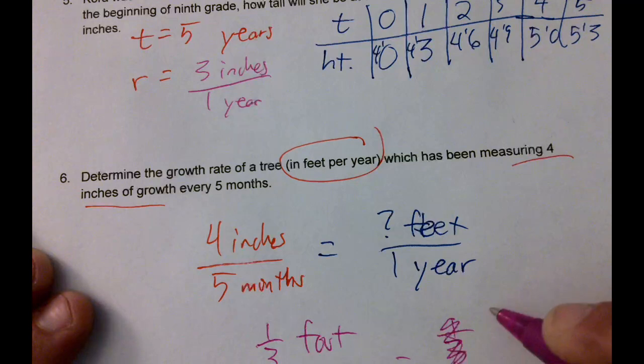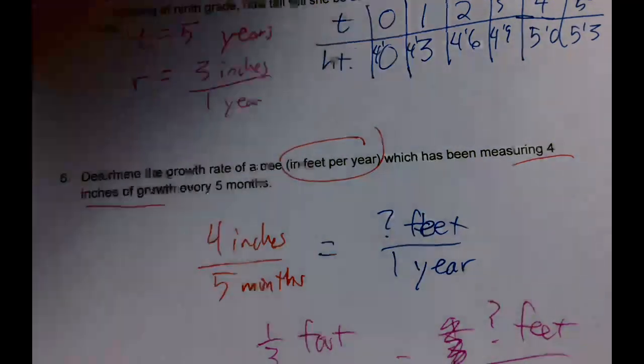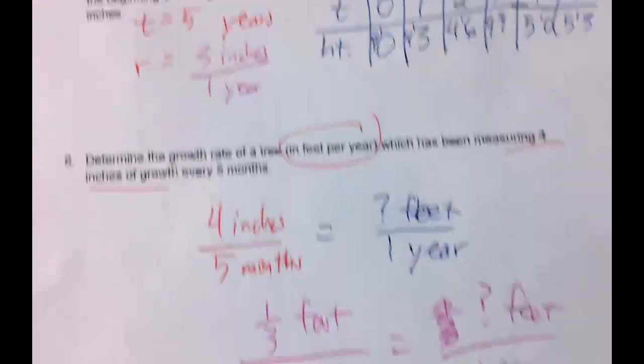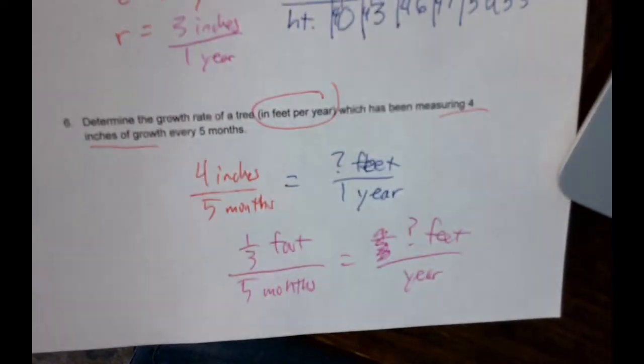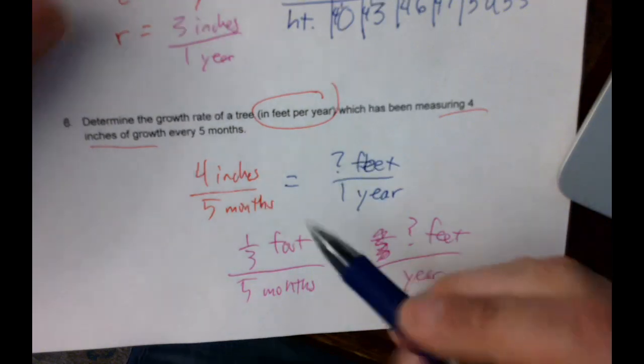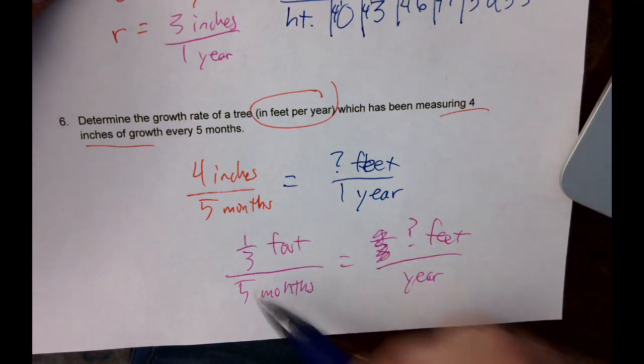We don't know how many feet that is. Some number of feet per year. Oh, yeah. All right, so how do we finish this? We've got to convert 1/3 of a foot. No, we don't. Maybe we do. I don't know. 5 months.